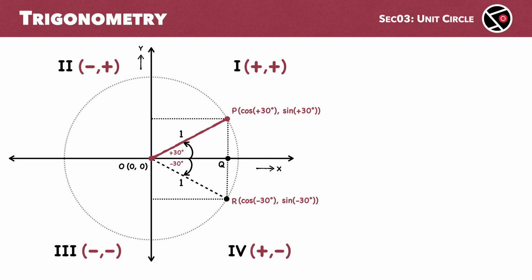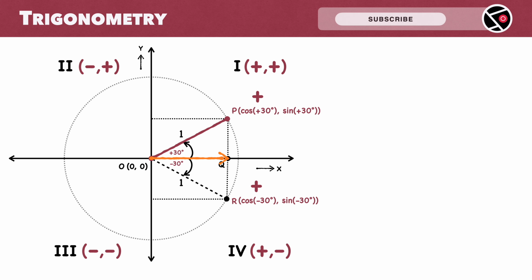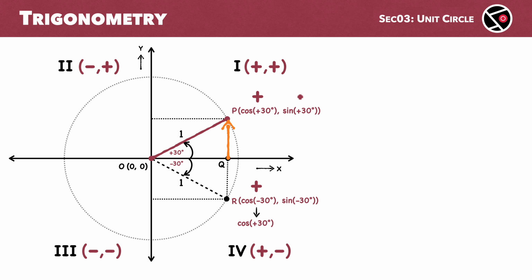Now look at points P and R. For both these points, the x coordinate is positive and equals OQ. This means cos of minus 30 degrees should be equal to cos of plus 30 degrees. So we can rewrite the x coordinate for point R as cos of plus 30 degrees. For the y coordinate, it is positive for P, but negative for R. Now we also have triangle OPQ that is congruent to triangle ORQ.